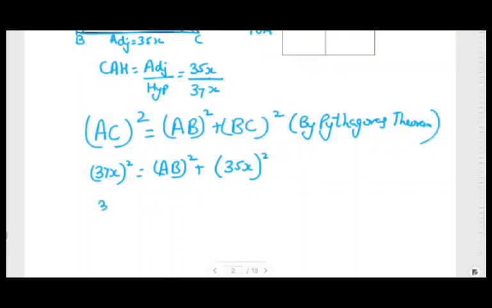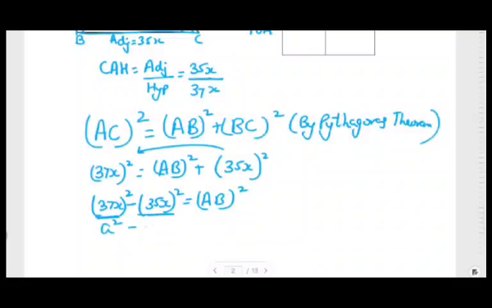When I take this on the LHS as 35x the whole square, I get my AB the whole square. Correct? Now, doesn't this look like a square minus b square? Yes, it does. So, what is the identity? A square minus b square is equal to a plus b into a minus b.